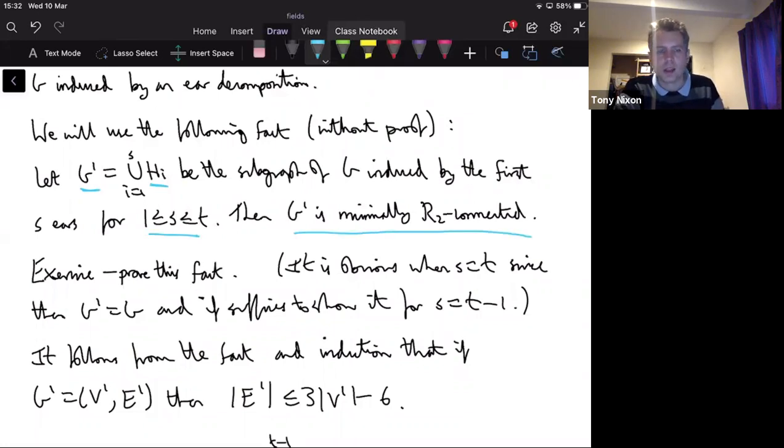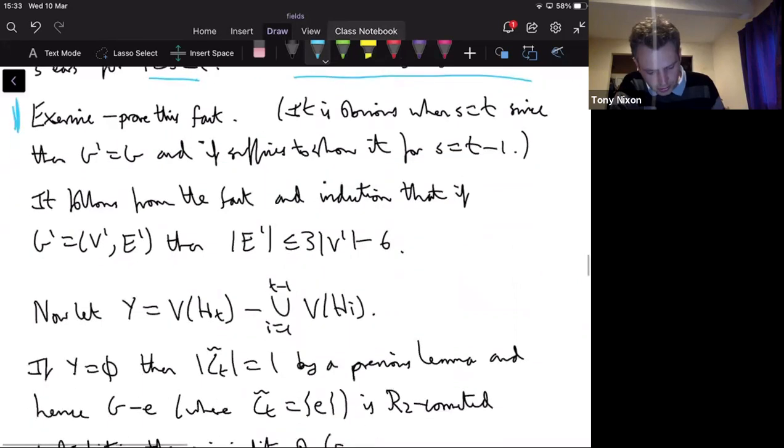This is an exercise, so I won't say much about it, but basically it's sort of like the fact that partial ear decompositions can be extended to full ear decompositions. So I take my ear decomposition C1 up to CT. If I just forget the last one, the previous part was an ear decomposition of a smaller graph. And if I forget the last few, the first however many was an ear decomposition as well.